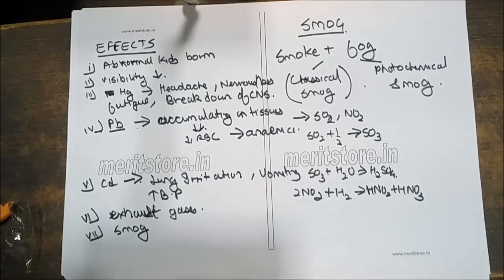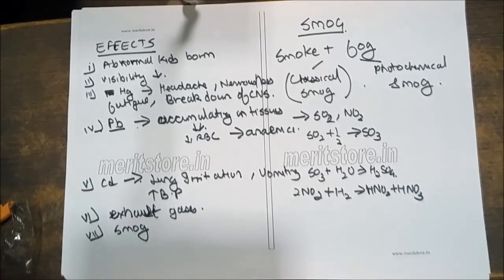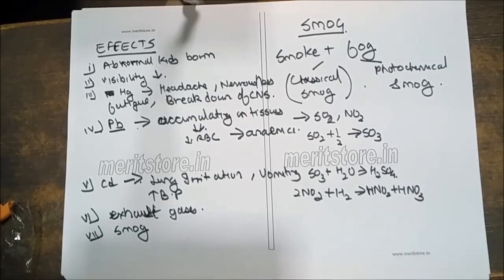Now this resultant mixture consisting of sulfuric and nitric acid condenses on solid particulate matter and smoke present in the air to give a colloidal dispersion, which is called smog or classical smog.